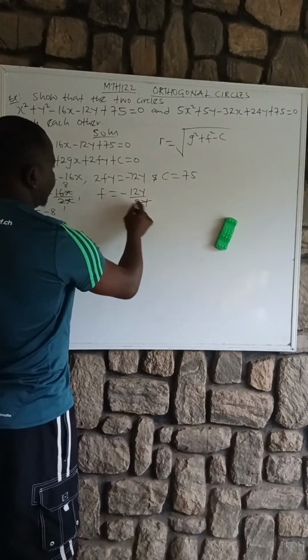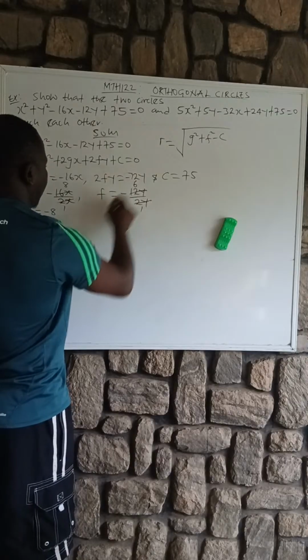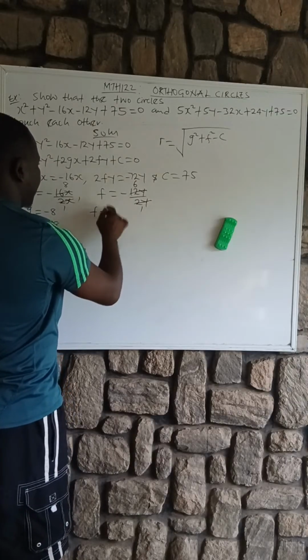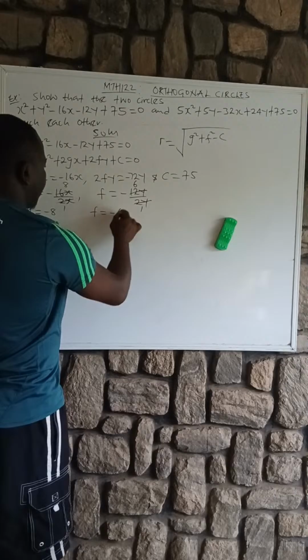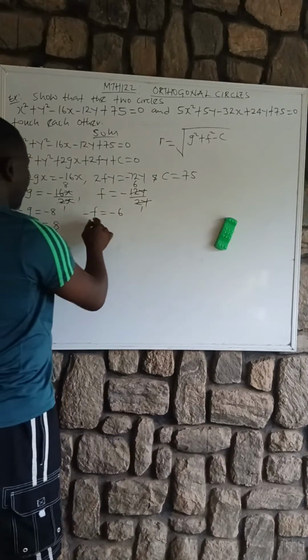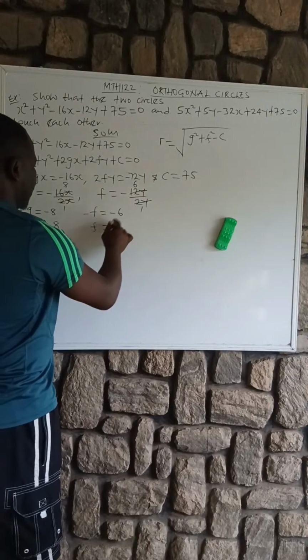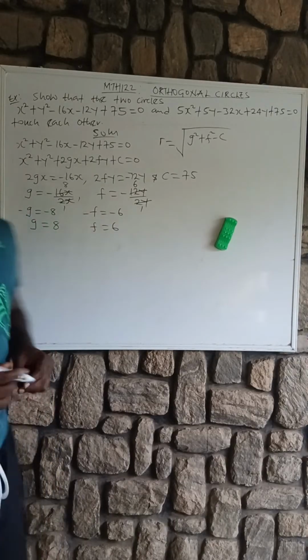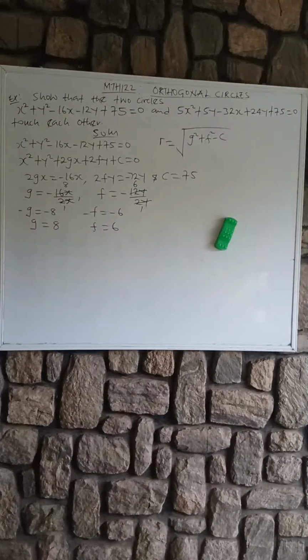Then here, 12 over 2 is 6, so f is equals to minus 6. Since the center is negative, f is equals to plus 6. True or false? Do you understand? Are you following? It's true, right?